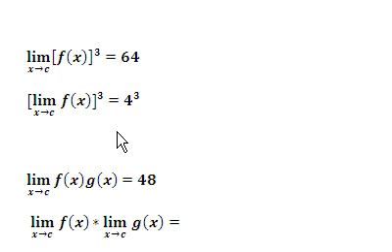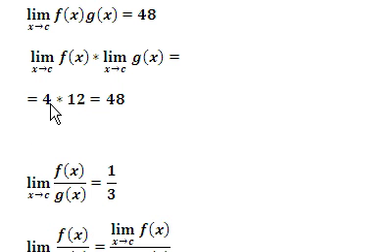Now the properties that involve the product, two functions, we can break them up as shown in the theorem, and then multiply these separately, as you've seen here.